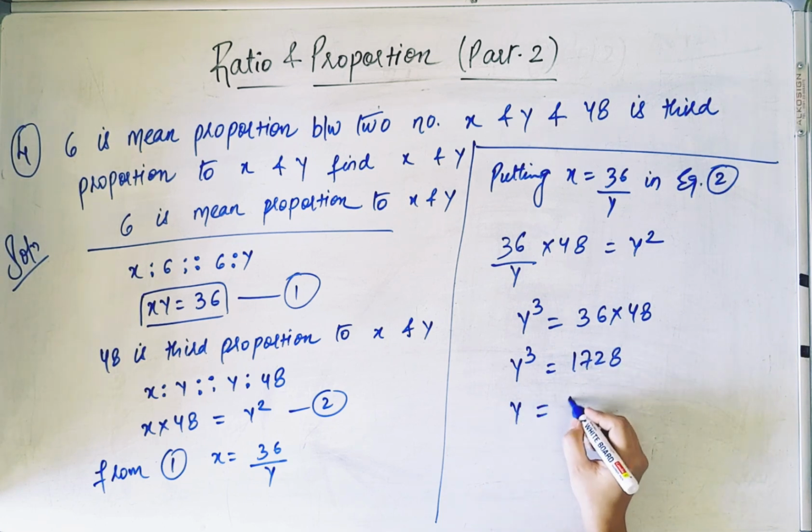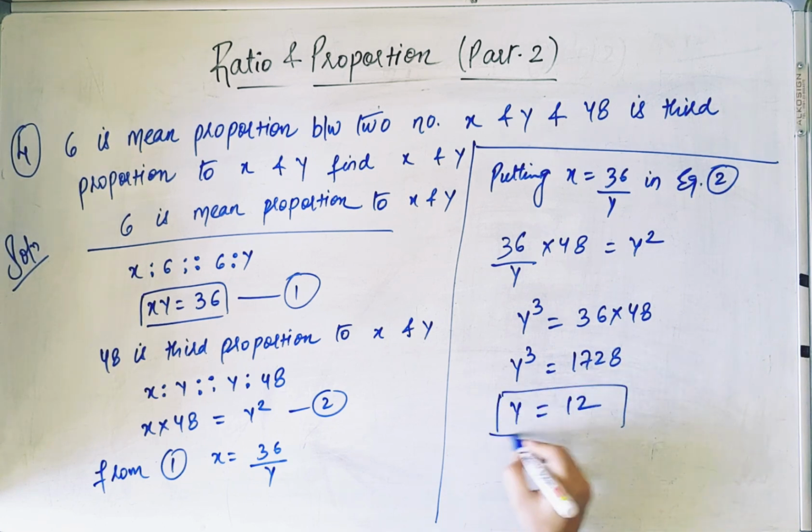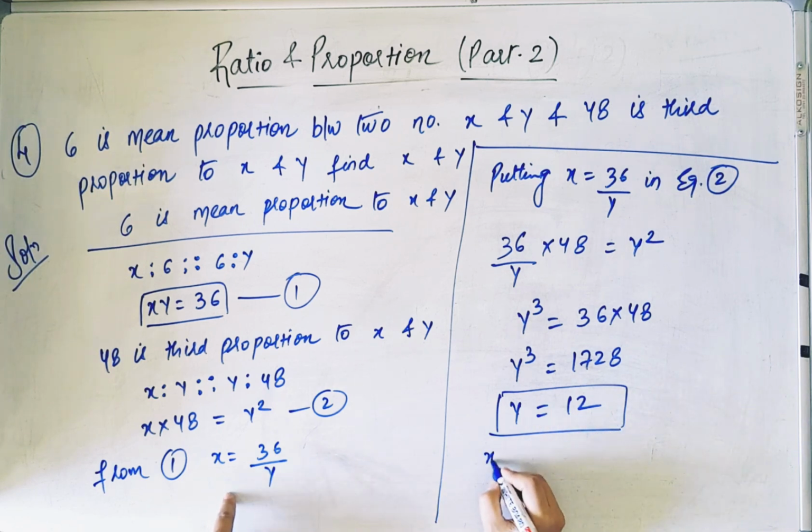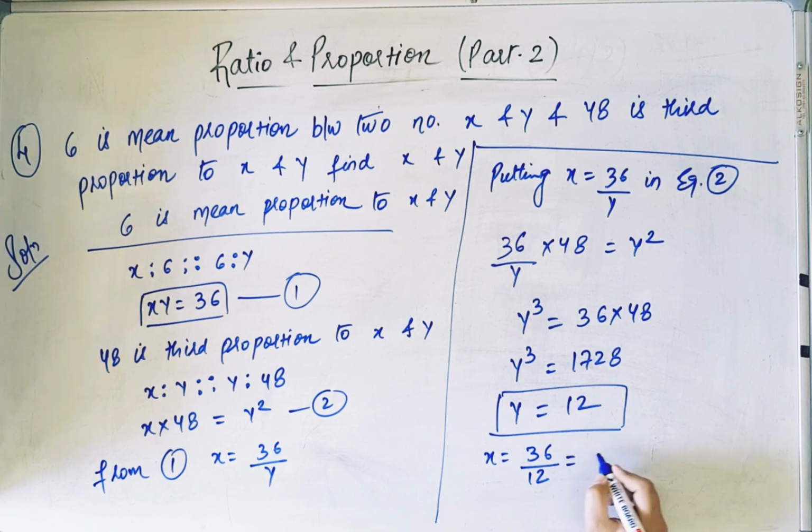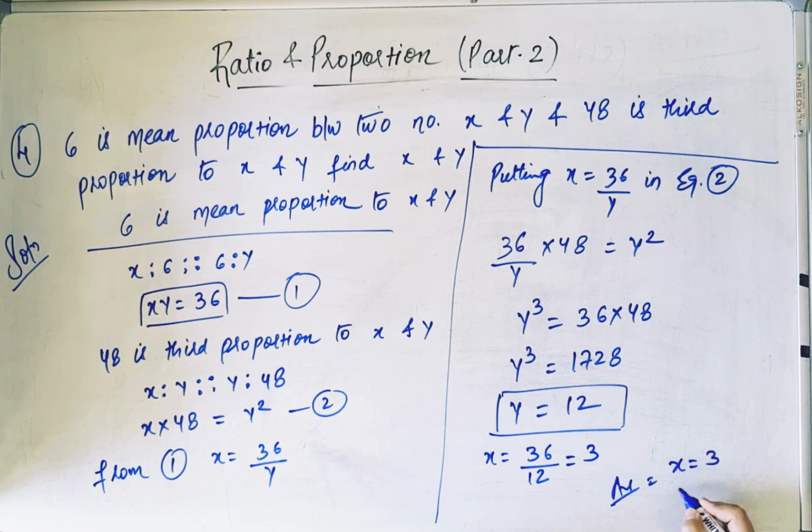Thus y is equals to 12. अब y 12 आया, so x will be 36 by y, that is 36 by 12. So the answer is 3. Hence हमारा आंसर क्या होगा? x is 3 and y is 12.